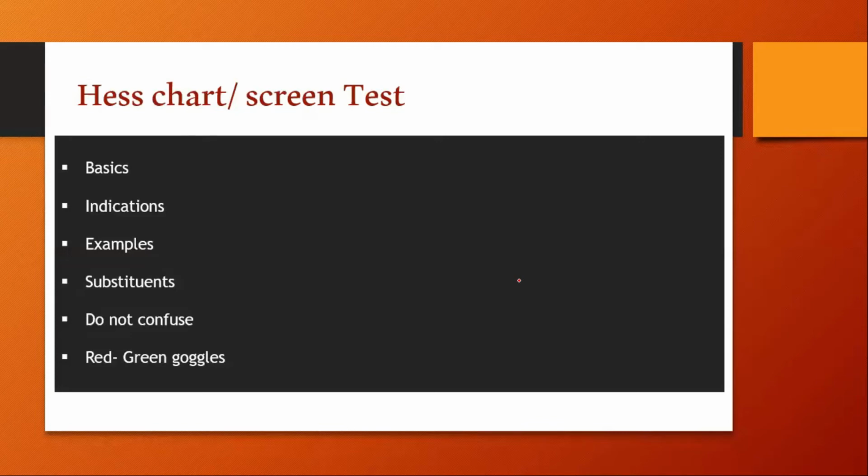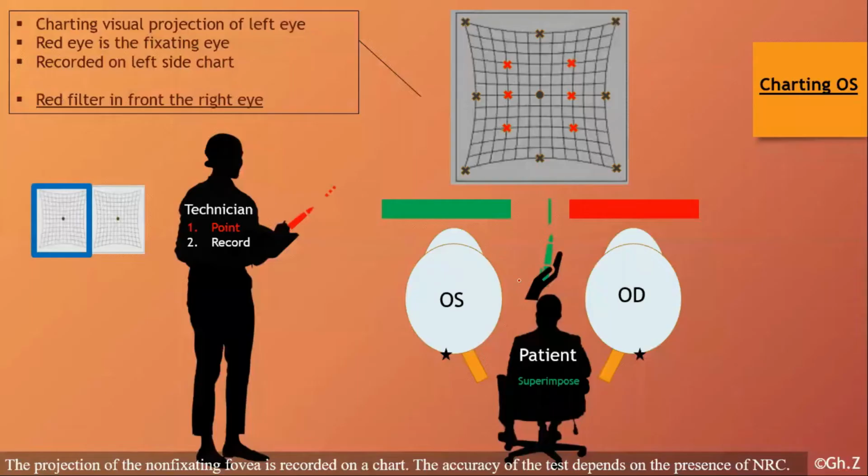It's like in ECG: even if you don't know anything about the mechanism for the waves, you're still able to pick the signs. So I will try to make you able to elicit the signs or the diagnosis from Hess chart without knowing much about the details.